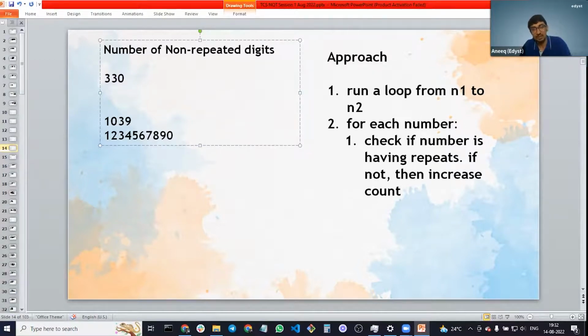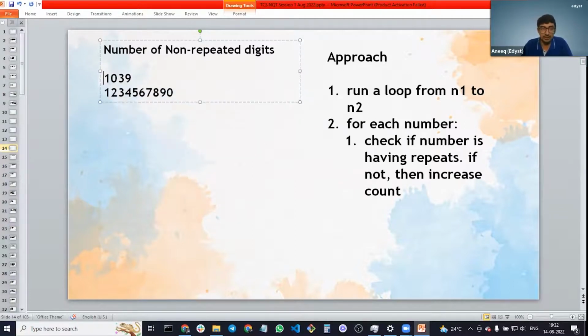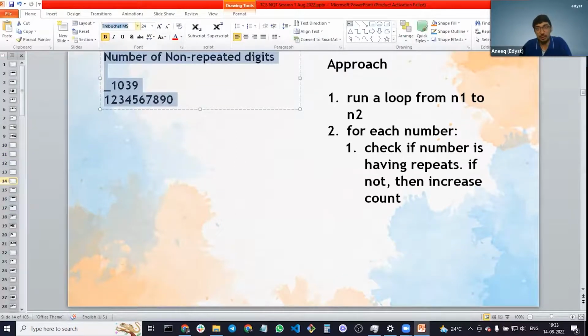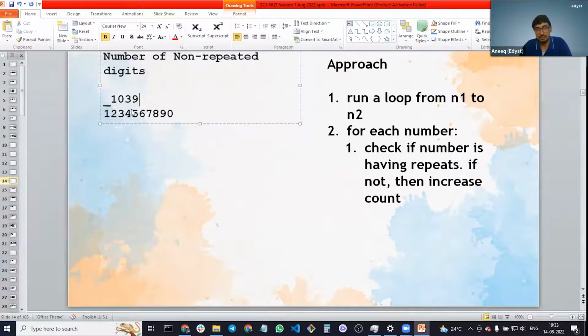Okay. Think of it this way. I'll just give you the hint. First of all, think in terms of how many positions you're trying to fill in. Your number of positions is defined by the last number.